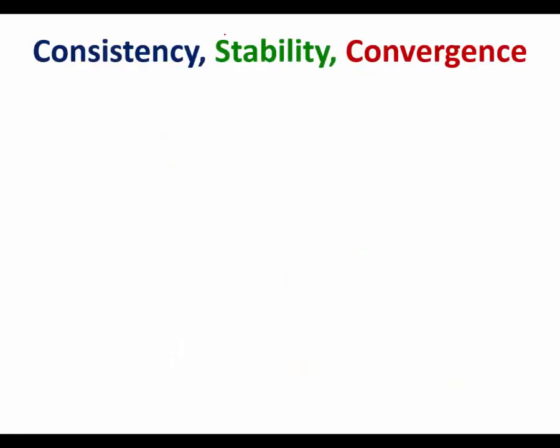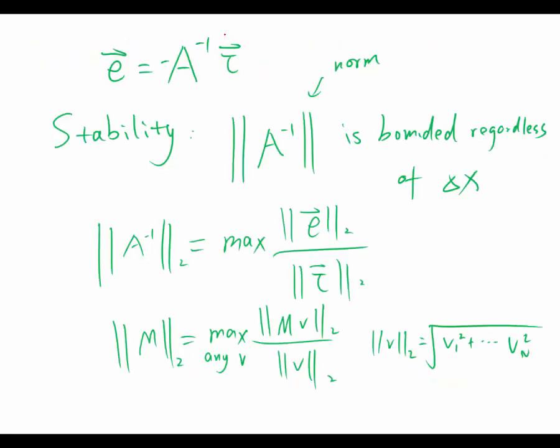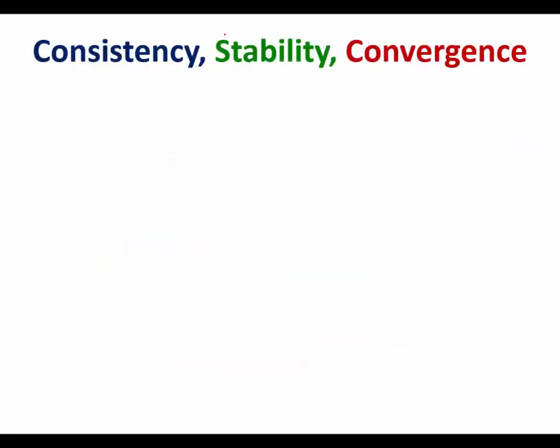Okay. So let's take a look at, first of all, how important is the concept of stability, and second of all, how do we get stability for, let's say, the Poisson's equation? Okay, so first of all, the relationship between consistency, stability, and convergence is the following.